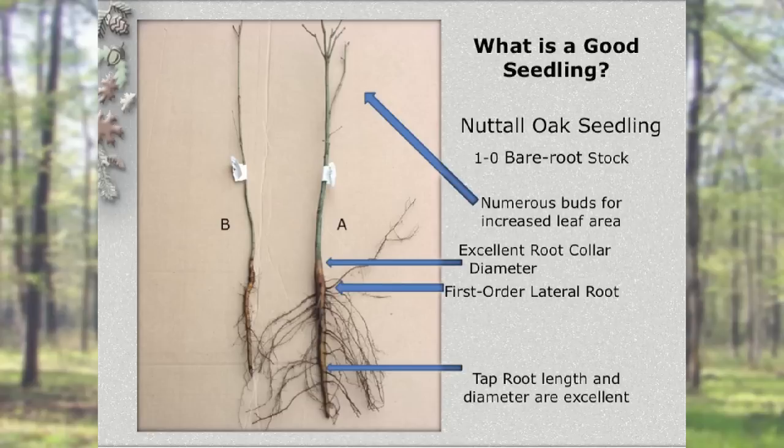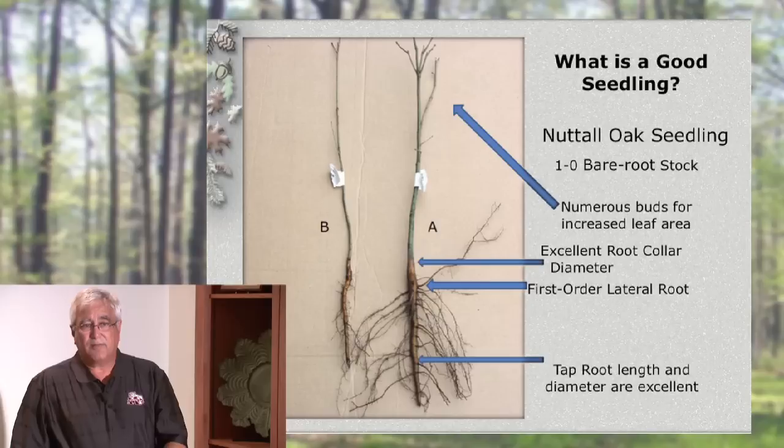We need a root collar diameter between 3/8 of an inch to 3/4 of an inch. We also look at the number of first order lateral roots. These are the larger primary roots that stick out on either side. These individuals should have somewhere between 8 to 10 first order lateral roots. And then secondly, we're looking at the actual taproot length and diameter of that taproot.